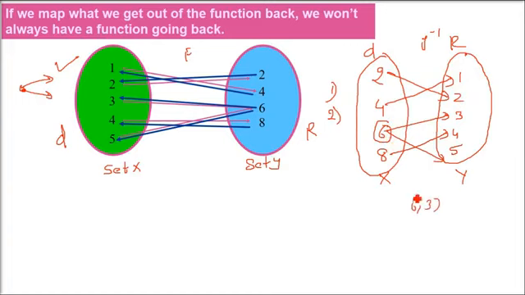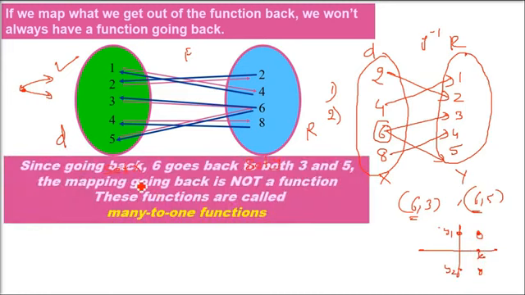If I write 6, 3 and 6, 5, you see a single 6 is giving you 3 and 5. Geometrically, what does it mean? For a single X value, you cannot have multiple Y values. For a single X, you cannot have Y1 and Y2. This is an invalid function. It may be a relation, but it is not a function.